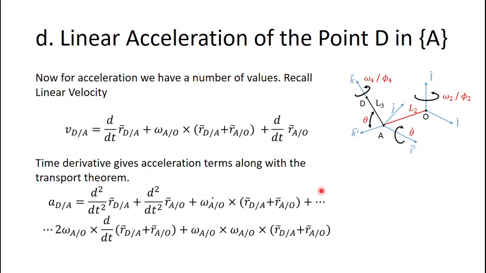This just turns out to be omega dot A in O, just the angular acceleration about the capital J direction.